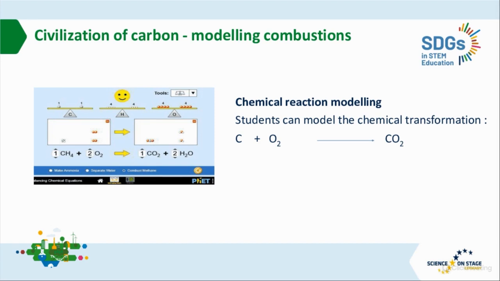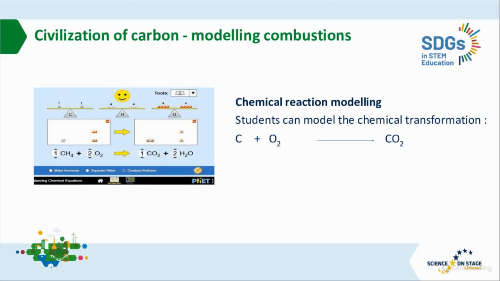After carrying out the lab activities, you can use a website that you probably know from Boulder University in Colorado. This website has lots and lots of different simulations, most of them about physics, but there are some of them about chemistry.